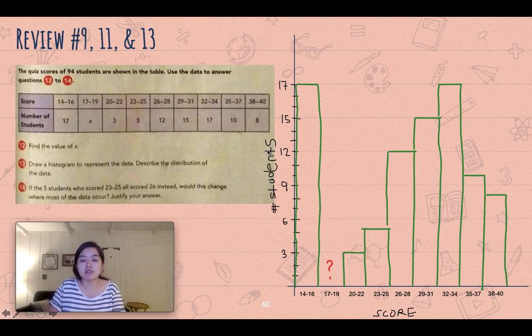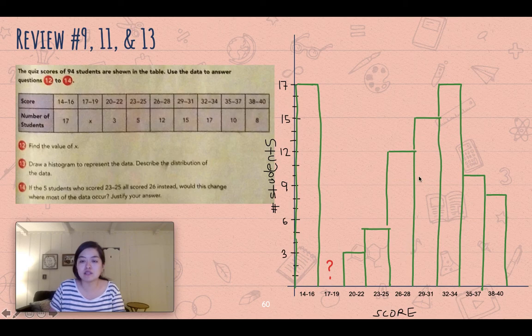It looks like there was a good number of students who received between 14 and 16 out of 40 points, all right. So that's below getting a score of 50% on a quiz. So wow, at least 17 students got below a 50% on a quiz, okay? And so that's a lot.